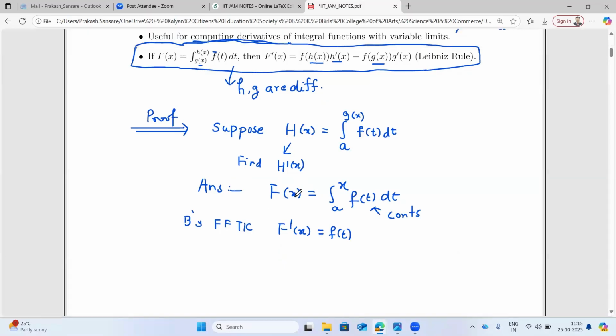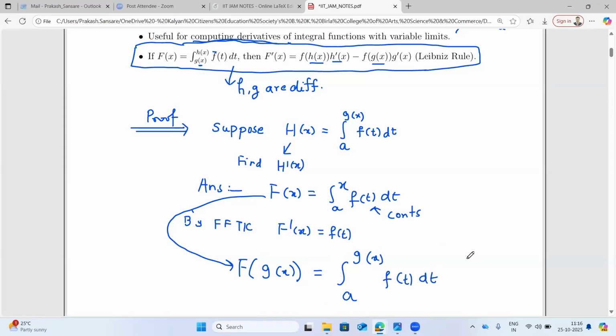Now you could see that F at g(x) is equal to the integral from a to g(x) of f(t) dt. So instead of x, I put g(x).